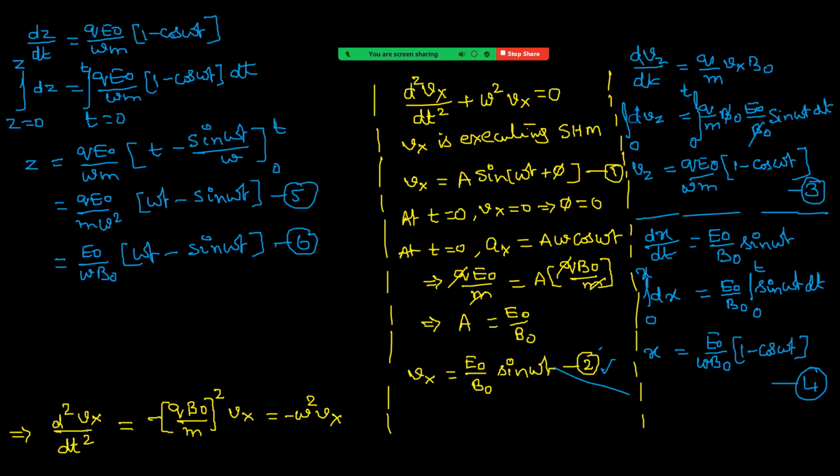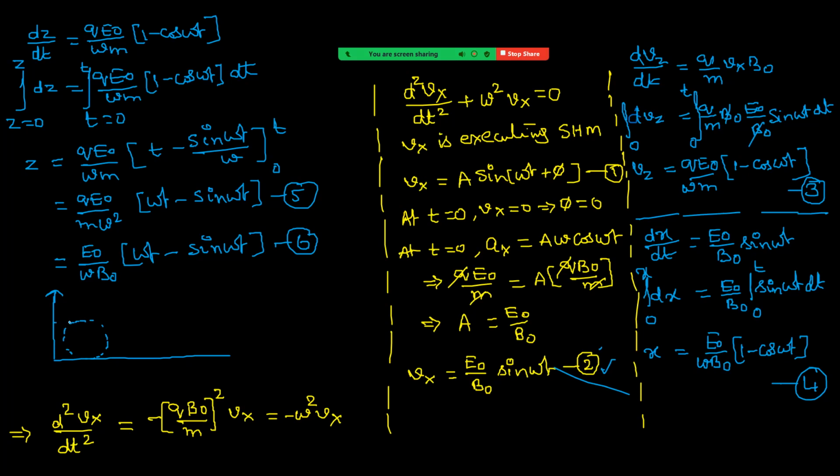I'm drawing a diagram for that cycloid. This is now x. See what is the maximum value of x: when cos omega t becomes minus 1, it is plus 2 E naught by omega B naught. First of all, imagine one ring like this.